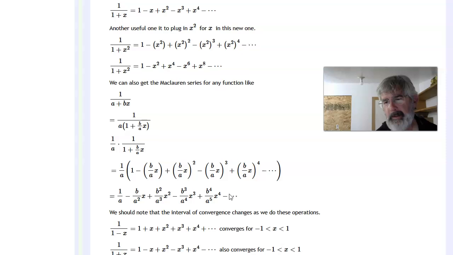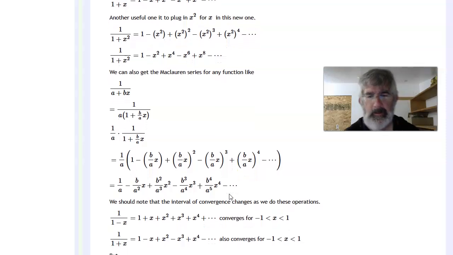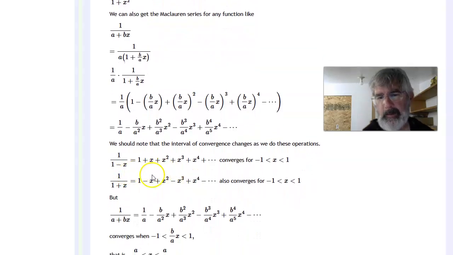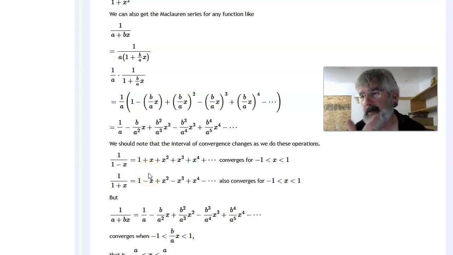We should point out that the interval of convergence here is not the same as it was to begin with. Now, the first two we did, definitely the interval of convergence was still the same. Replacing x by minus x just swaps the positive x's for negatives and vice versa. So the convergence is still that same interval.